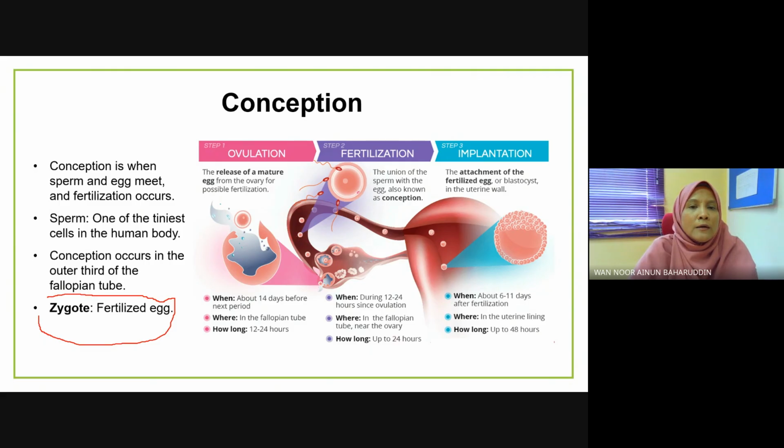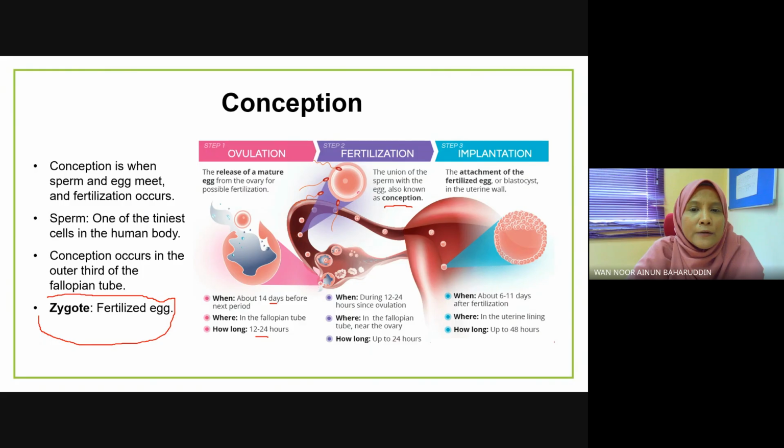All of this occurs inside a woman, not inside a man. Ovulation is cyclic, every month, about 15 days before the next period, in the fallopian tube for 12 to 24 hours. For fertilization, during 12 to 24 hours since ovulation, the union of the sperm and egg occurs. This is considered conception.